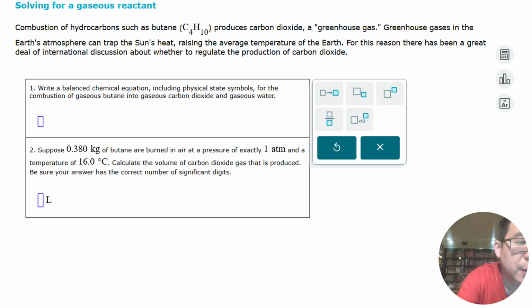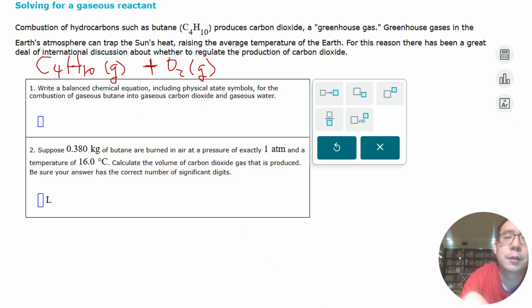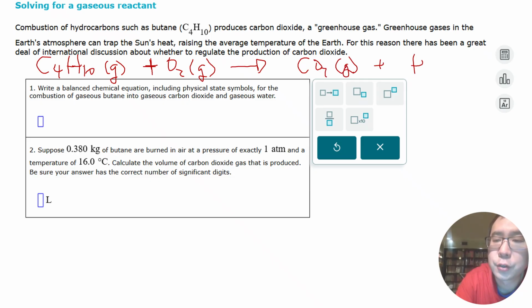So in this case, we're given C4H10. In order for it to burn, it has to be gas. And then a combustion reaction is a fuel combines with oxygen gas, and the products are CO2 gas and H2O, and the water here is also in the gaseous state in general.